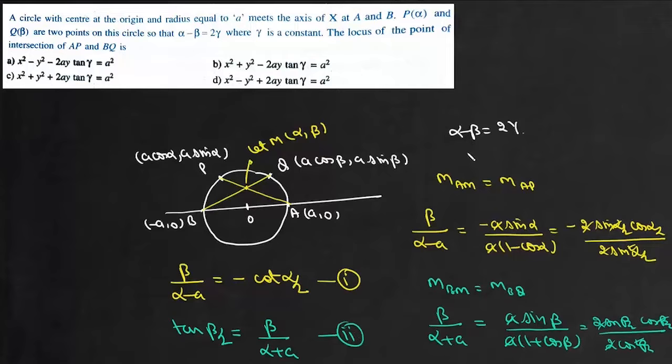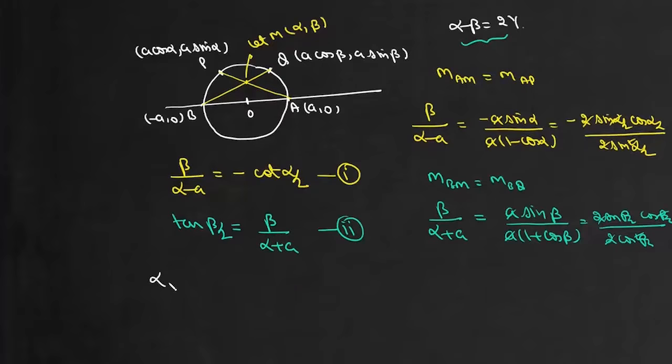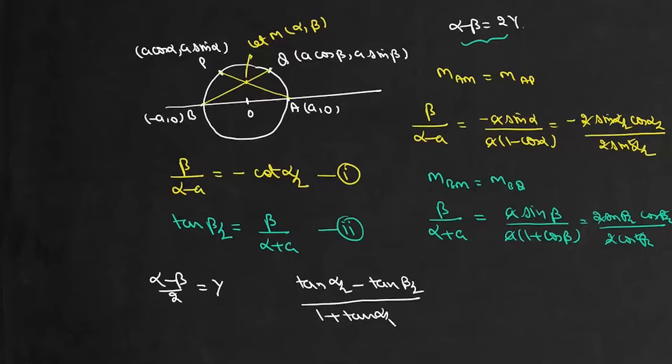Now in the question it is given that alpha minus beta equals 2 gamma, so we can write (alpha minus beta) by 2 equal to gamma, and if we take tan on both sides, then we can write (tan alpha by 2 minus tan beta by 2) upon (1 plus tan alpha by 2 into tan beta by 2), and this will be equal to tan gamma.